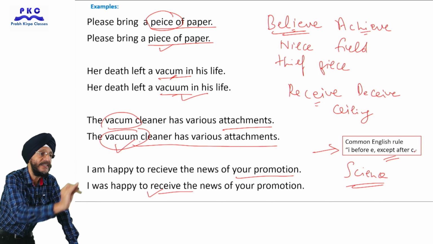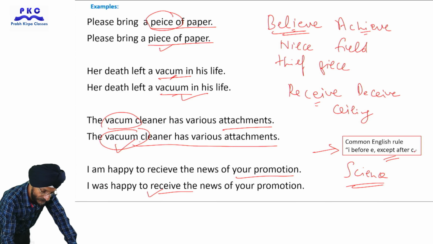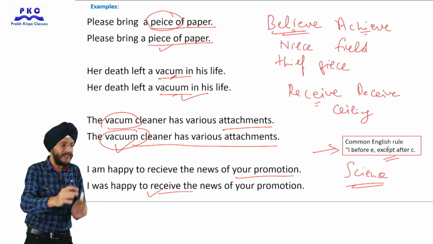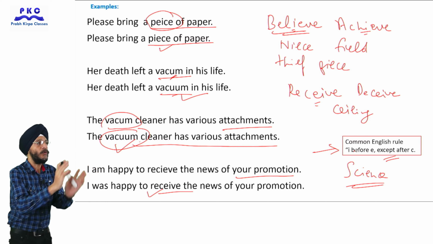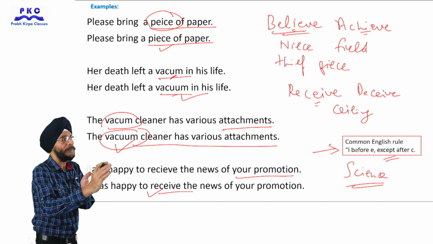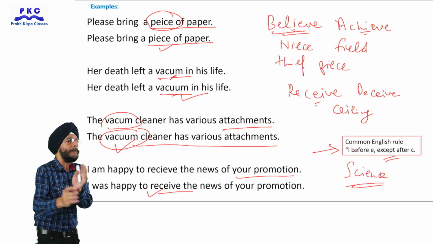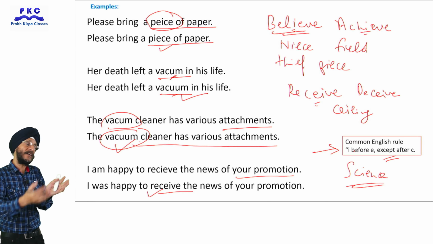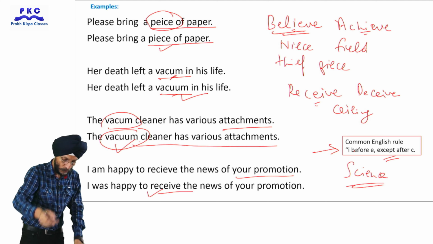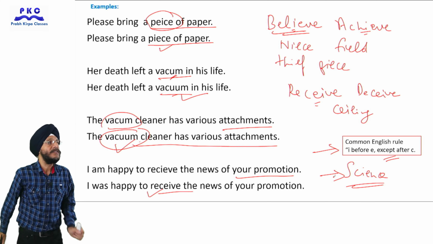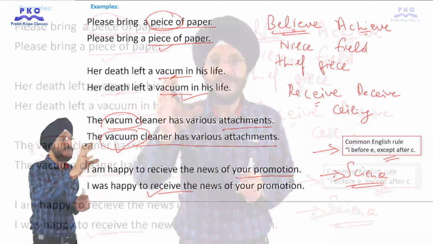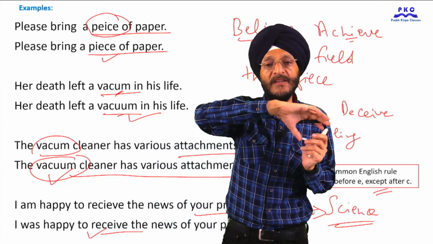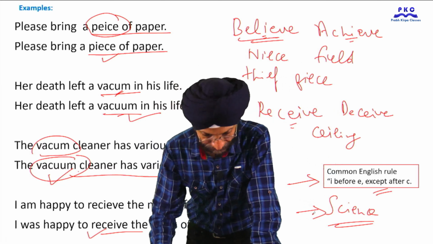Yet this word does not follow this rule. So though there is a common guidance that normally I should come first, E after that, and if C is there, E will come first and I thereafter, there are certain exceptions to this rule, for example, science. However, this common English rule helps us in writing various words.